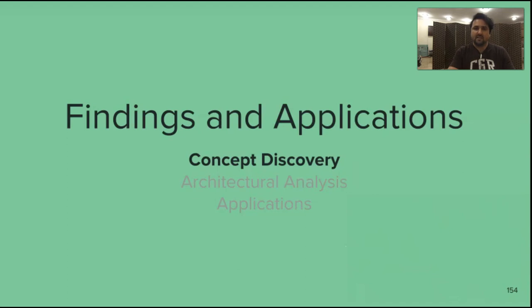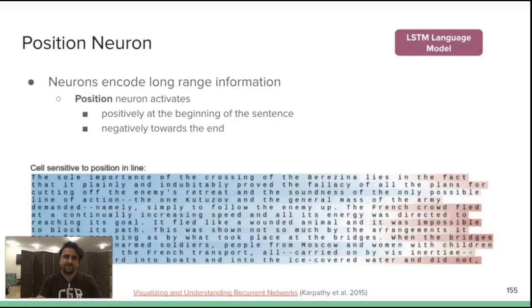In the concept discovery section, we discuss the work that analyzes neurons corresponding to human interpretable concepts. For example, lexical concepts such as morphemes, words or phrases, or linguistic concepts such as part of speech tags or semantic tags.